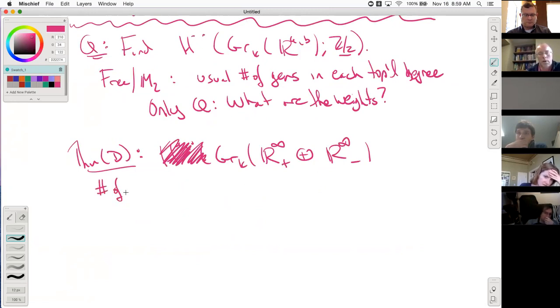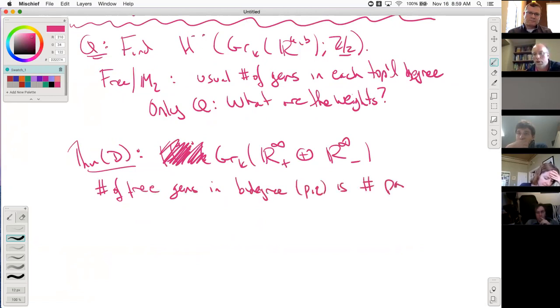The number of free generators in bi-degree (p,q) is the number of partitions of p into less than or equal to k pieces.